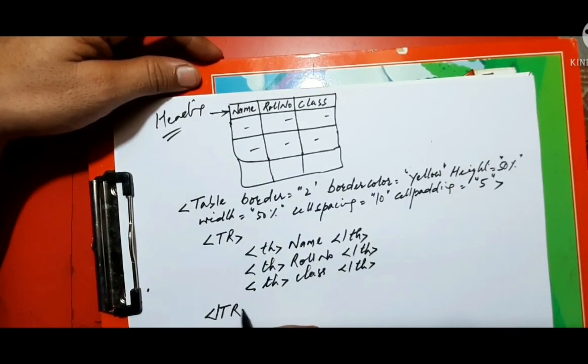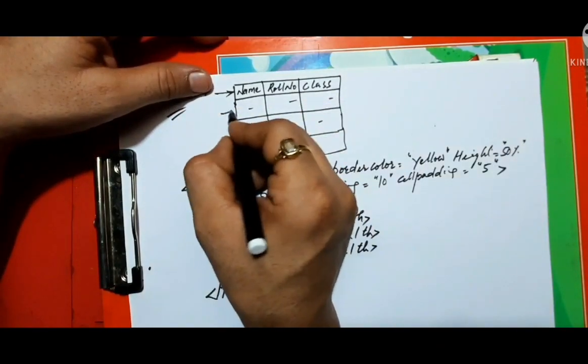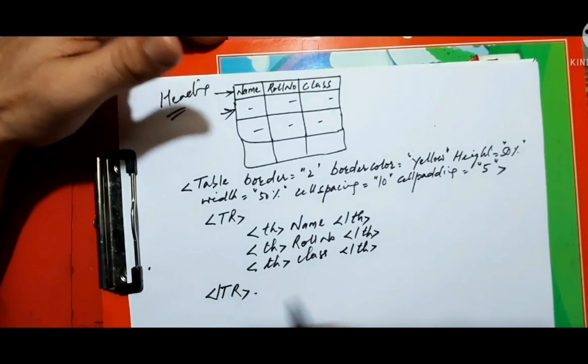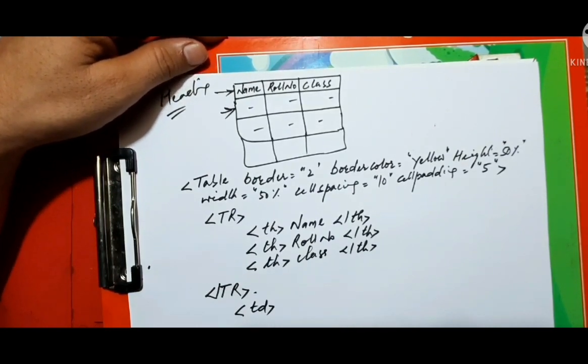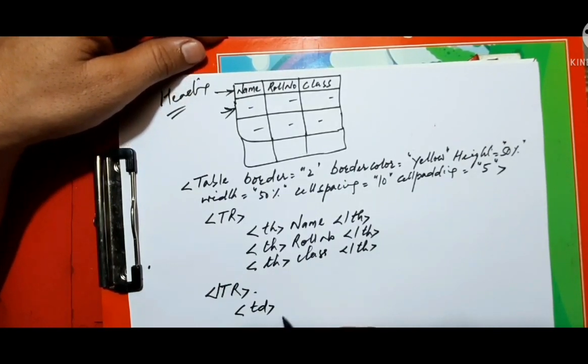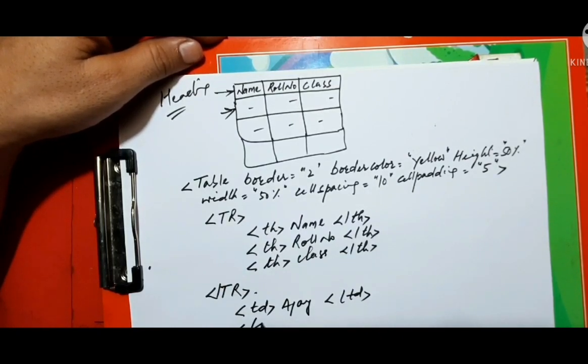Now this creates the row. We close the row. Now the first row is created. Now we will create the second row. Now we start creating the row's columns with td. Name Ajay, close the td.